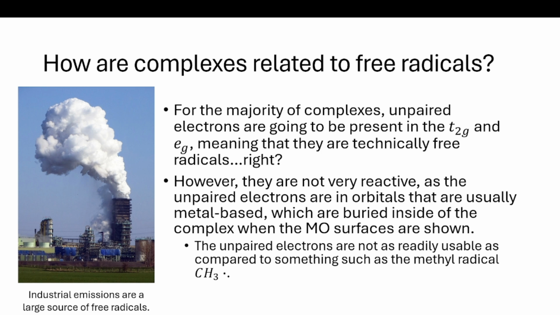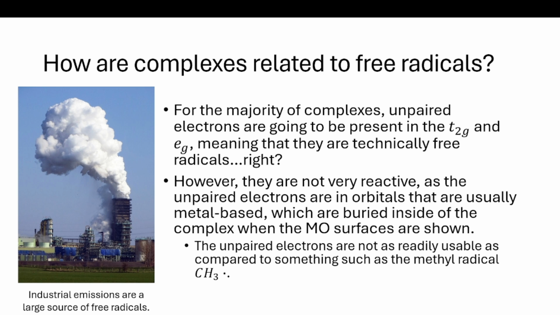On a quick side note, these complexes, because they often have unpaired electrons, can be classified as free radicals. For those who don't know, free radicals are essentially just reactive species that have unpaired electrons. However, although we can technically classify these complexes as free radicals, they're not really reactive.